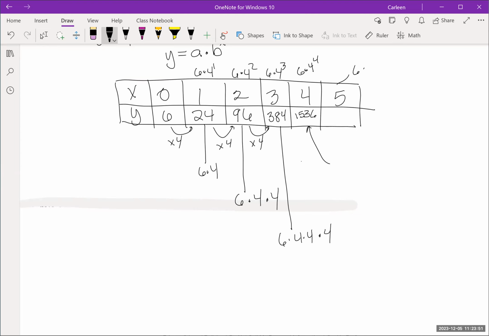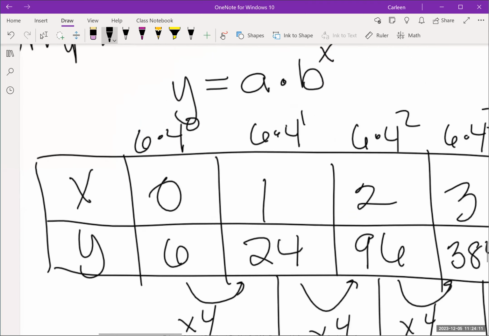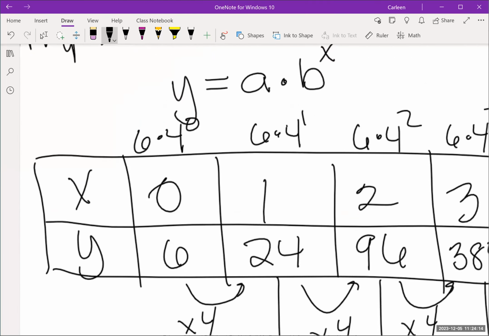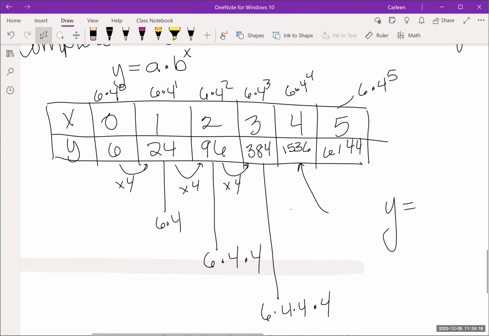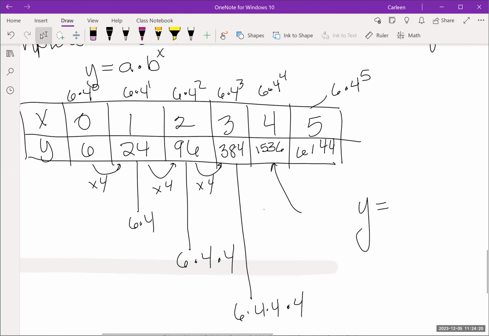Yeah, 6 times 4 to the fifth. 6, 1, 4, 4. So this is 6 times 4 to the 0th, right? Anything to the 0th power is 1. 1 times 6 is 6. Therefore, I have figured out the equation. What's the equation?